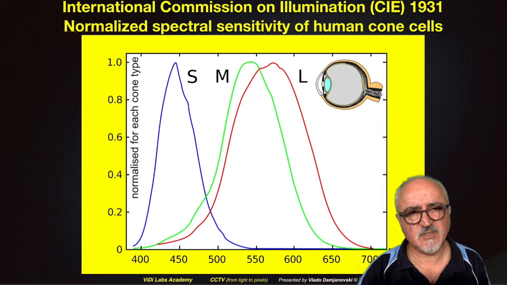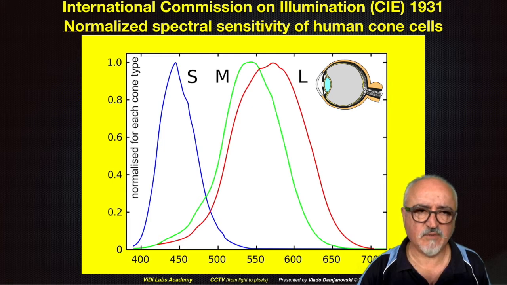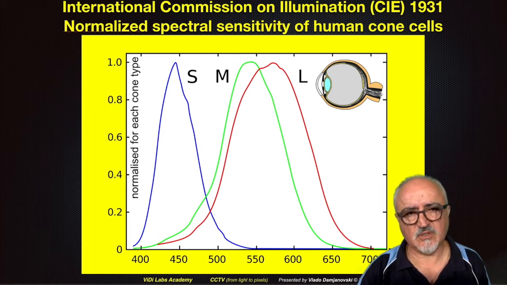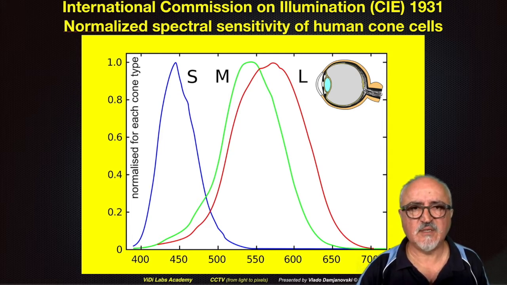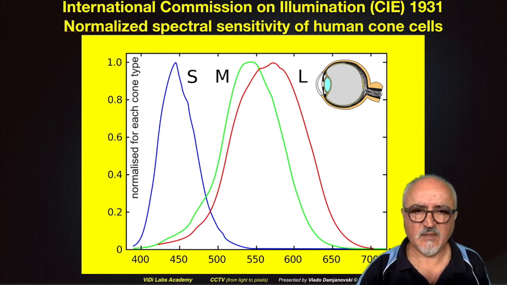So there are different species that have adapted for evolutionary survival with different sensitivity to different parts of the spectrum, which is not necessarily identical to human. What we are discussing in television and CCTV is human eye sensitivity, and this is standardized in the CIE 1931 spectral response of each cone of the human eye.